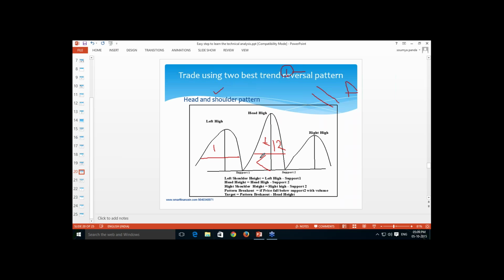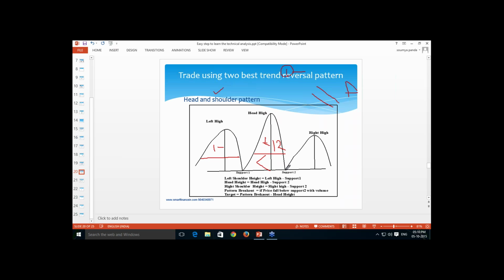It should not cross the 60%. 60% of your 1 hour, if I am taking 1 minute, comes to 36 minutes. So if left side of your head and shoulder pattern formed with a time of 1 hour, then the head should not form in less than 12 minutes and it should not take more than 36 minutes. That is the first rule.